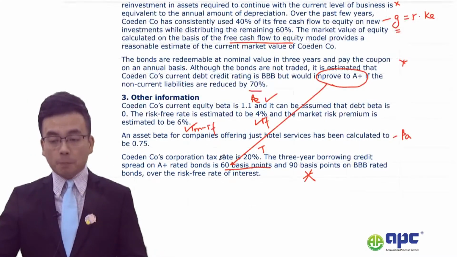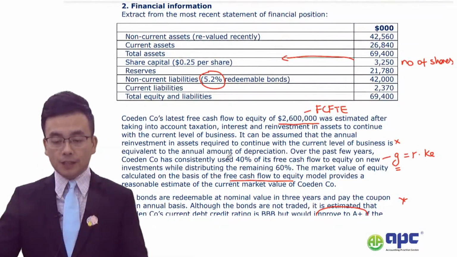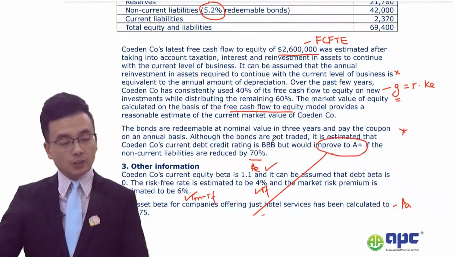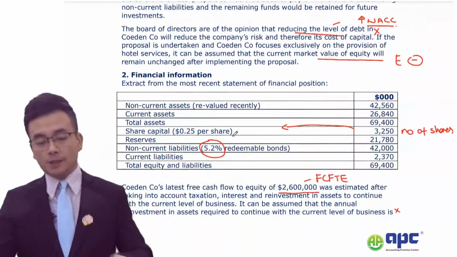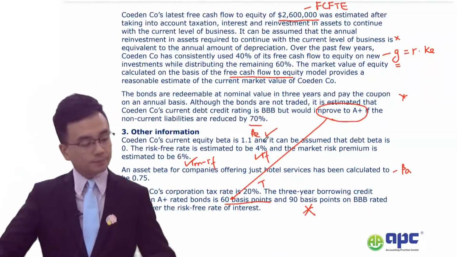Cost of debt, that we will need to compute as the cost of debt times 1 minus the tax rate.